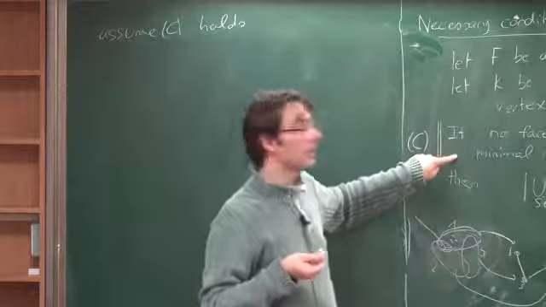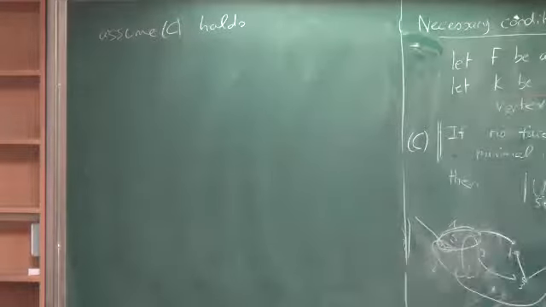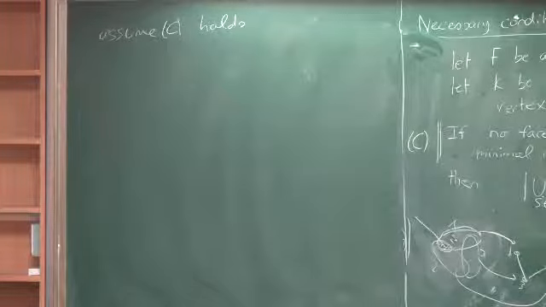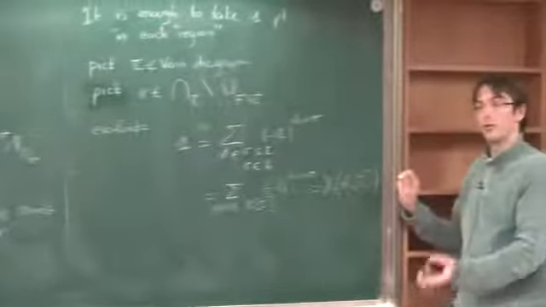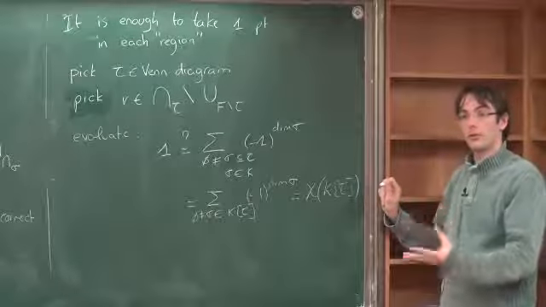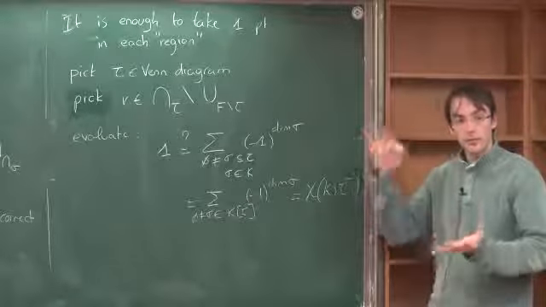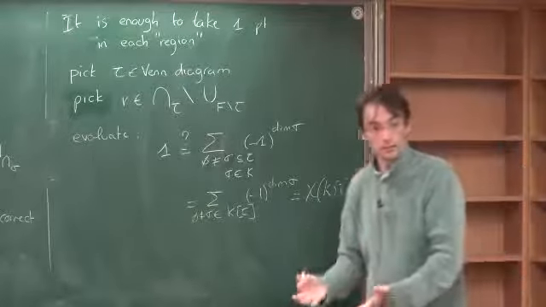What I want to show is that every time I take a face of the Venn diagram and look at the subcomplex induced by K on that face, the Euler characteristic of that subcomplex is 1. I will prove something stronger: that it is actually contractible as a subcomplex. And because Euler characteristic is invariant under homotopy, this will mean it is 1.